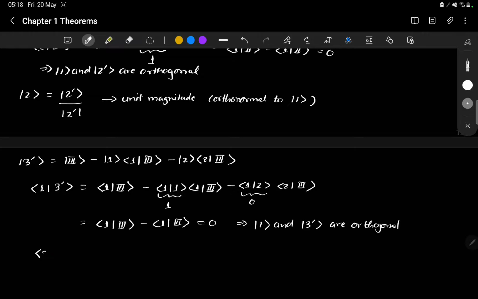Similarly, let us take the inner product with the second vector.